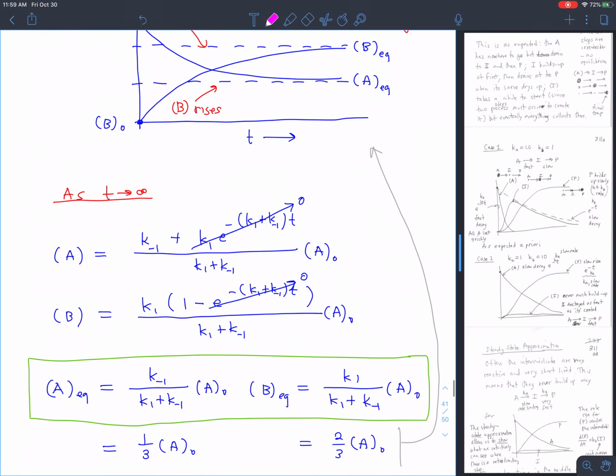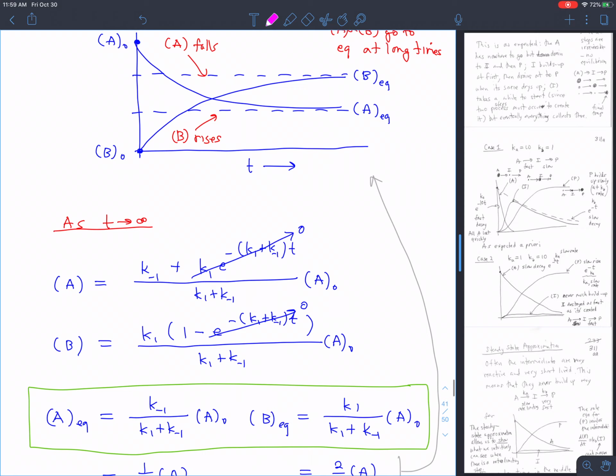If we look at our equations and we allow the time to get really big, so we're going to start taking this t out as big as we like. We're going to take the limit as t goes to infinity. Then this whole term in the expression for A goes away, this whole term in the expression for B goes away.